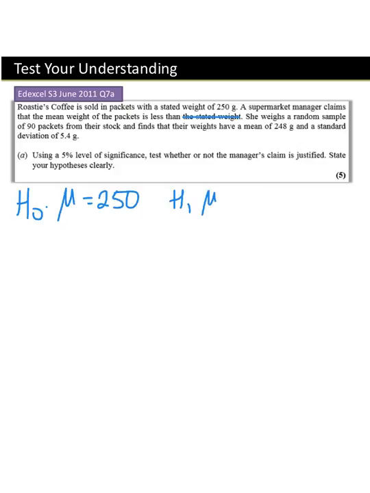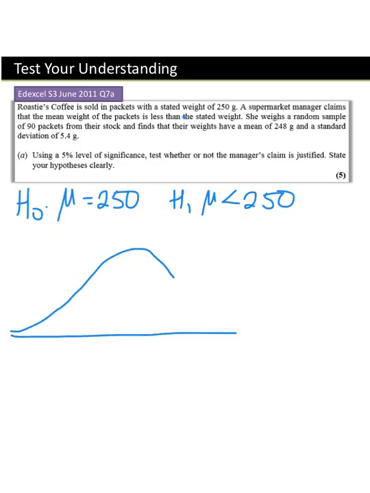So we're told that it's less than the stated weight. So the mean is less than 250. So we've got a one-tailed test, and we've got a mean here of 250, testing at the 5% level of significance.